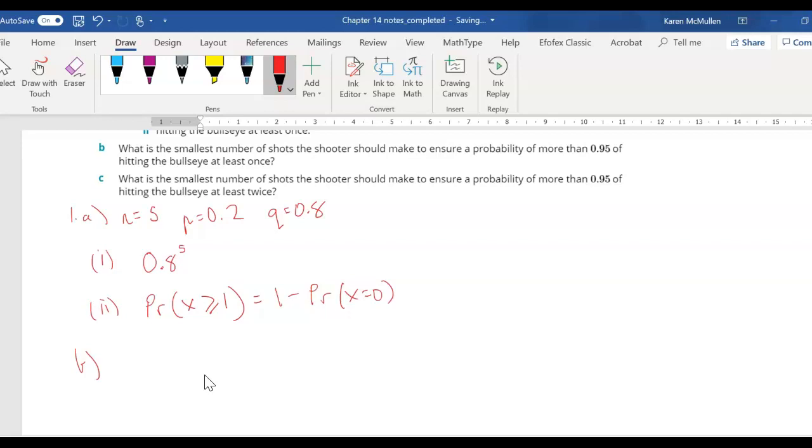For question B, what is the smallest number of shots? We don't know what n is, so that's what we're working out. We want the probability to be equal to 0.95, and we want at least once.